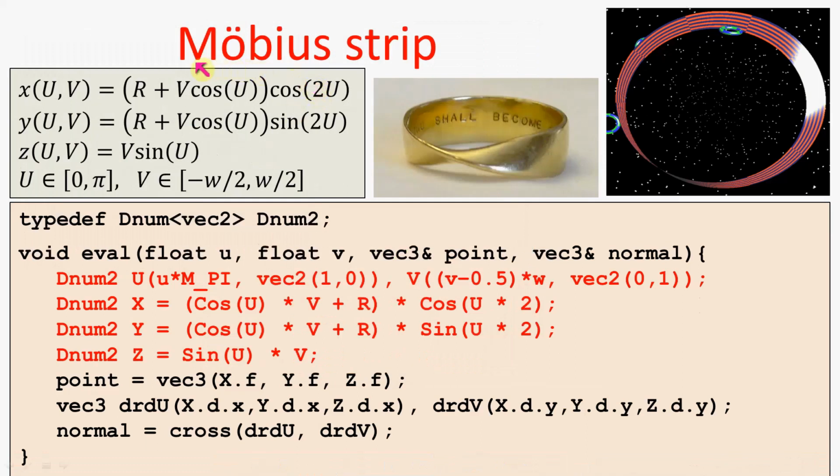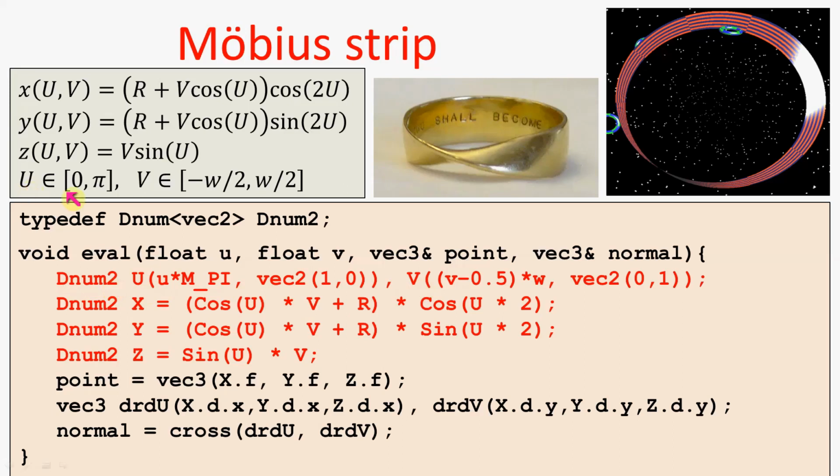The equation of the Möbius strip is quite similar to the equation of the cylinder, but instead of using V directly, a 180-degree rotation is also added. In order to visualize the Möbius strip, we need to implement the evaluation function. Parameters uppercase U and V will be dual numbers because we will also have to compute the derivatives with respect to the parameters.